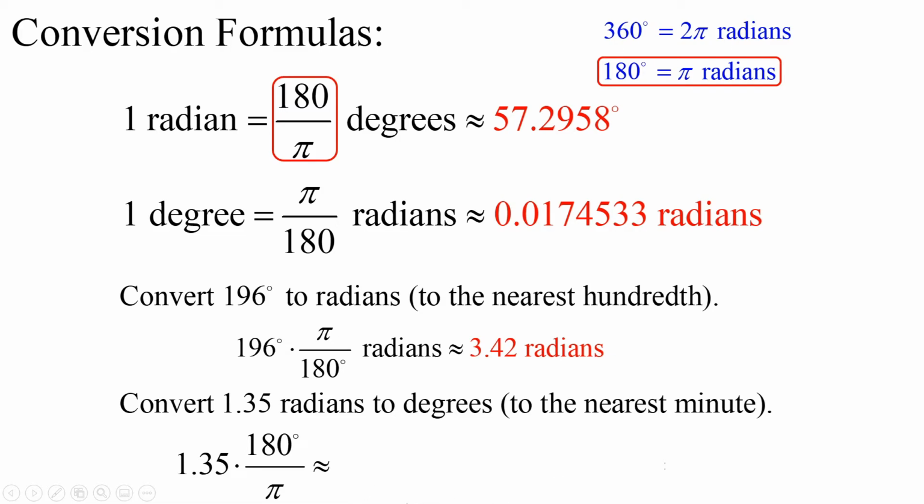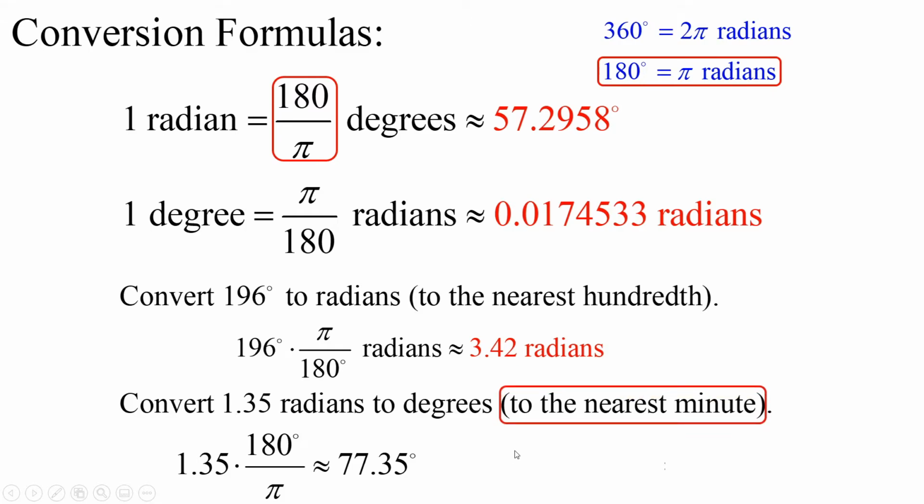Well, I'll do this as a decimal approximation first. 77.35 right there. And now I've got to convert this decimal approximation to degrees and minutes. So that's 77.35 degrees.